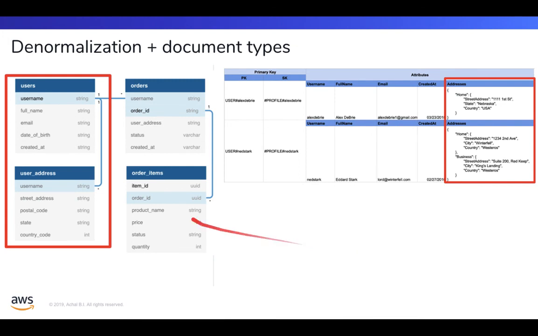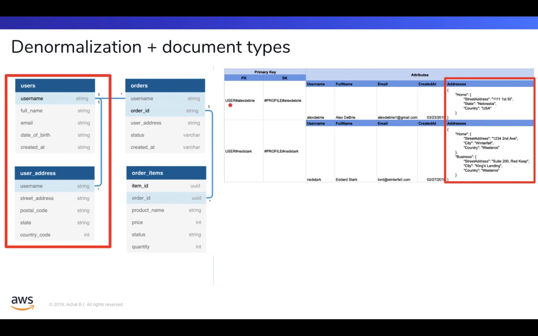So first thing is a user has many addresses, right? So we need to denormalize it, and it is basically a document type. So we could say address has homes and addresses. If it is a document type, we could use something like this, and addresses are stored as a document inside the user primary key. So the user primary key has user hash, the username.